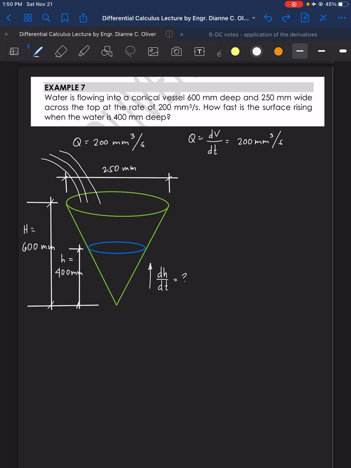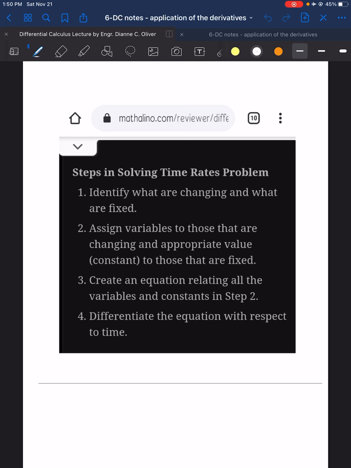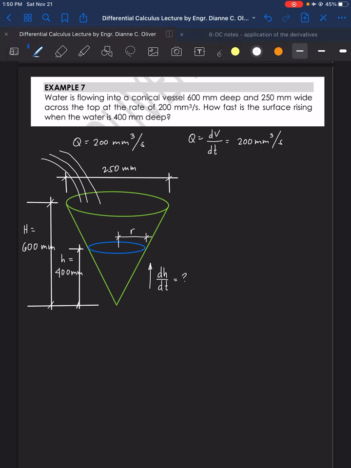And what else is changing here? Well, it's also changing in the value of the radius. If you observe, the radius increases as time increases. Okay? Create an equation relating all the variables and constants in step number 2.